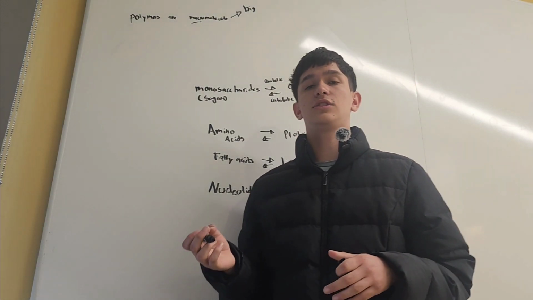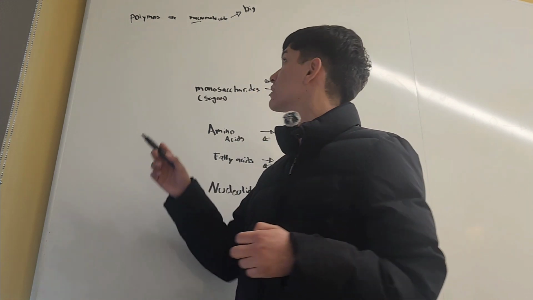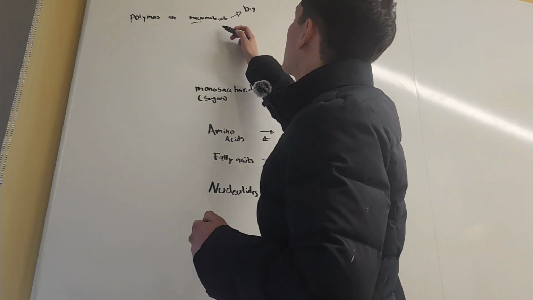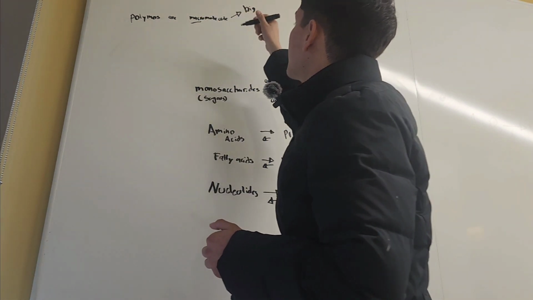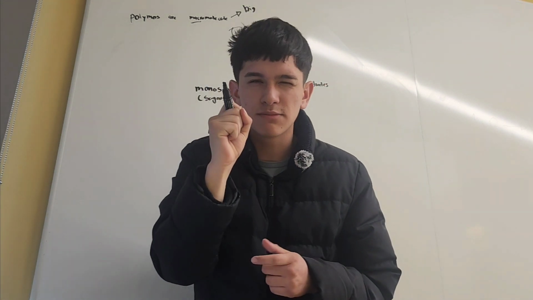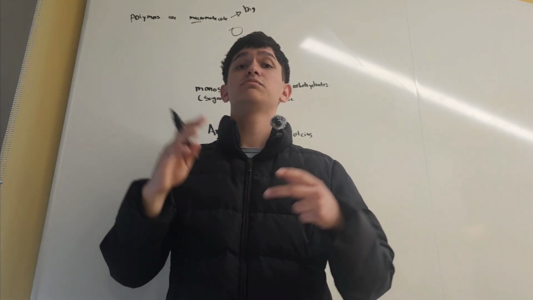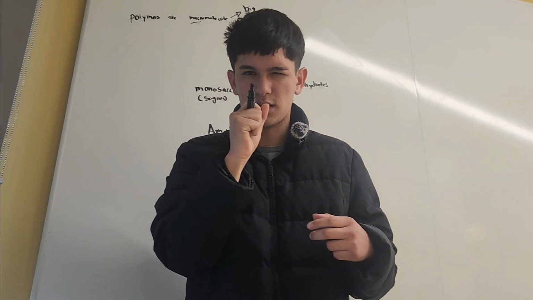Polymers can also be known as macromolecules. Macromolecules are really big molecules, right? That's what they call them. Micro is like microscope, something really small. Macro is something big. Don't get them confused. Macro, big, micro, small.